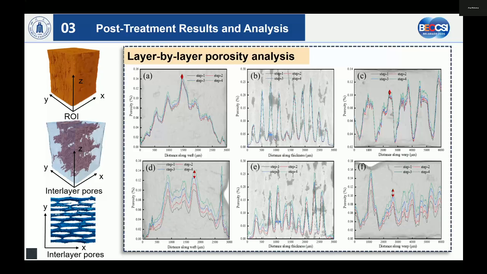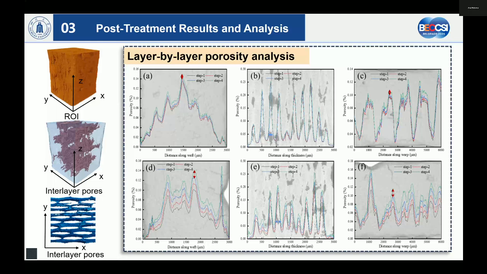Thus, variation in peak height and width indicates the fluctuation in defect volume and their extent of directional propagation.